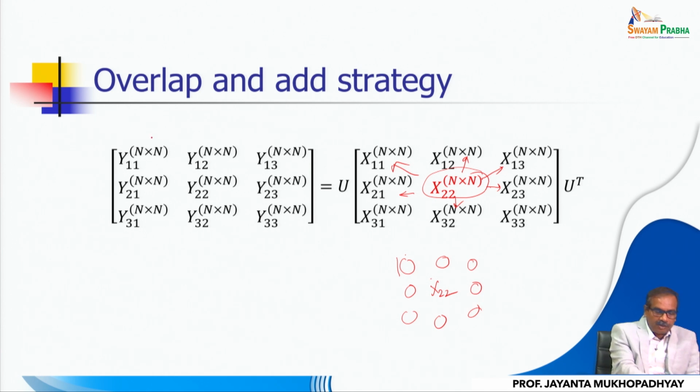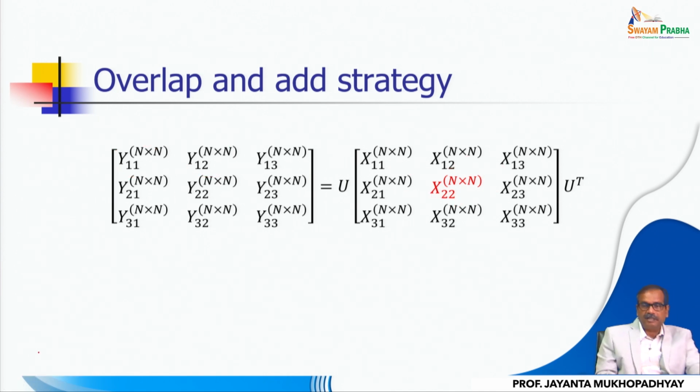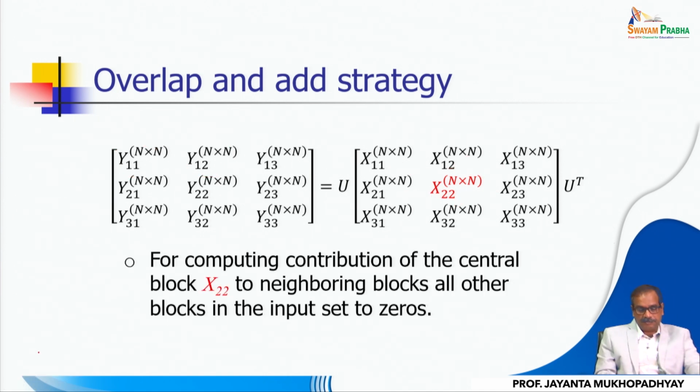In the output block, you will also get this sum response here. Now, those are the effect of X22. So, in the overlapping way, for every block you do these things and you simply add them to get the result. So, almost equivalent computations, but here it can be shown that there is a significant reduction of computations.